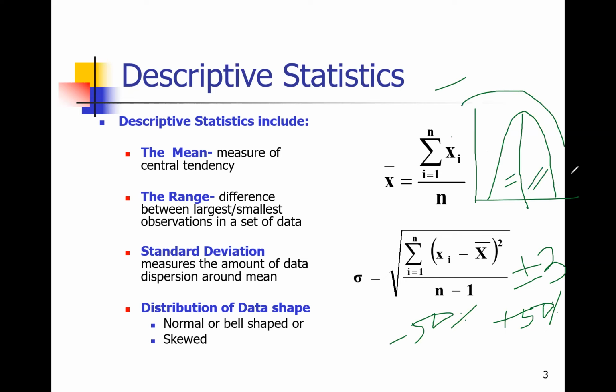Usually we deal only with normal distribution, bell shaped, or skewed. Skewed means maybe 75% is minus and only 25% is plus. That means this plus 3 is applicable for only 25%, and minus 3 is applicable for 75%.